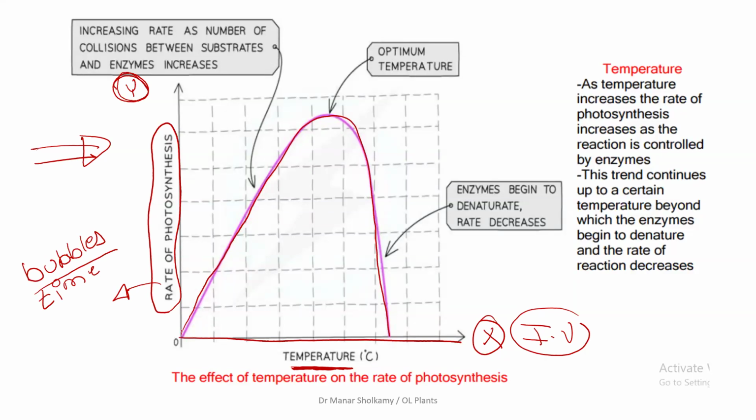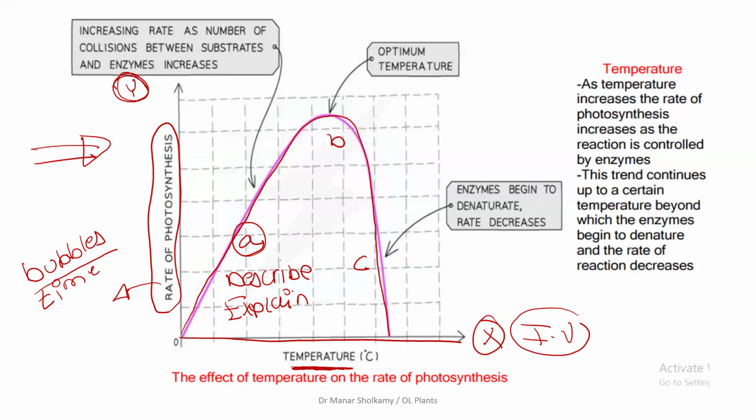Okay, now let's divide the graph into A and B and C. What will we say at A? How do we describe and explain A? At A, what is happening? The rate of photosynthesis is increasing at a constant rate.